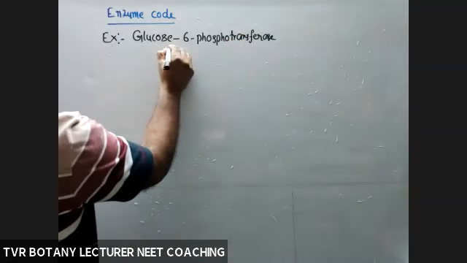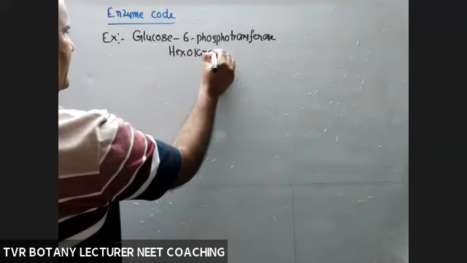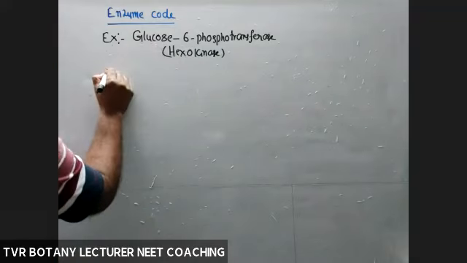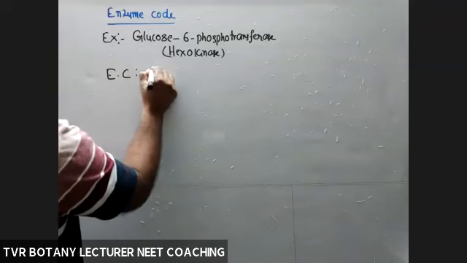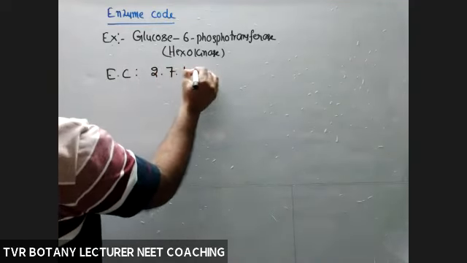Okay, so the old name of this one is hexokinase. Okay, so what about the EC of this one? The enzyme code of this one is 2.7.1.2.